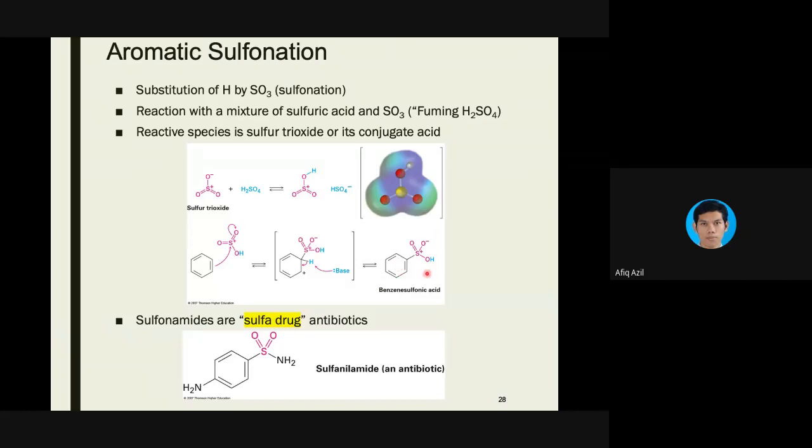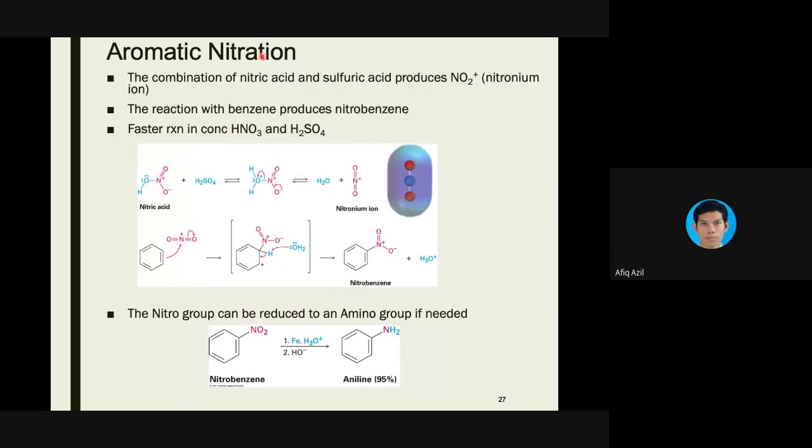So this is one of the useful starting materials to synthesize sulfa drugs. So what are sulfa drugs? Sulfa drugs are antibiotics, so all these antibiotics contain sulfur. For example, like this one, you have NH2 over here, which you can obtain from nitration.